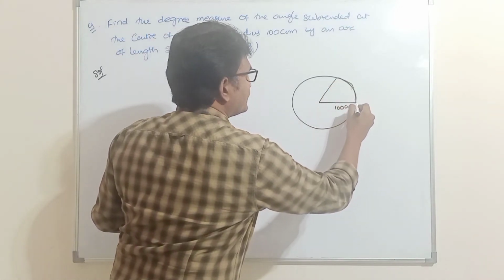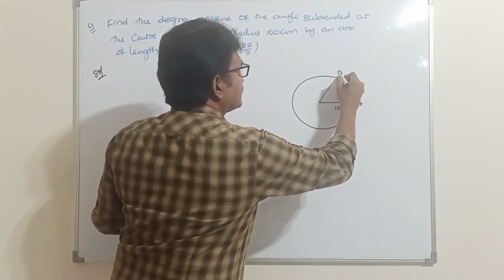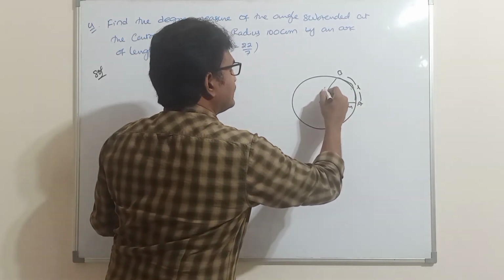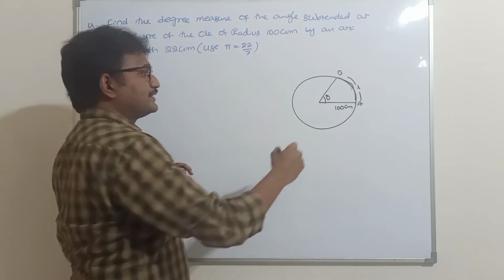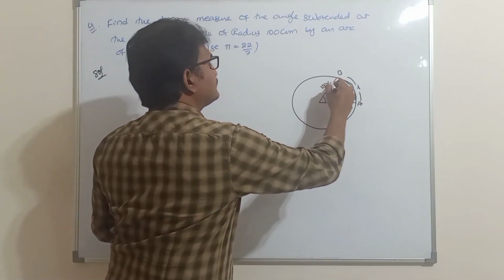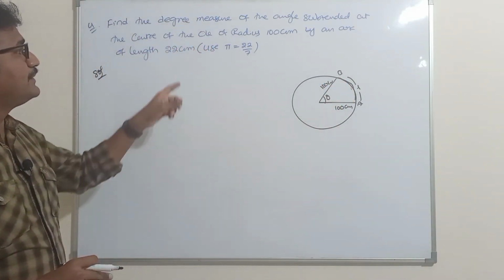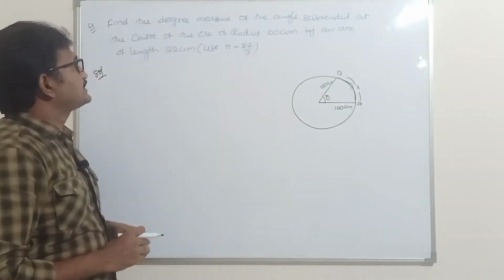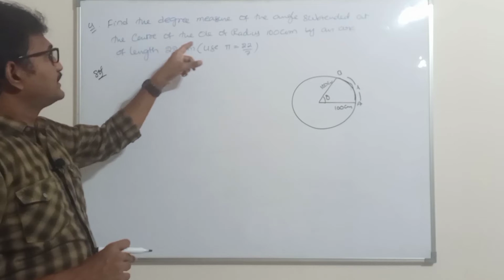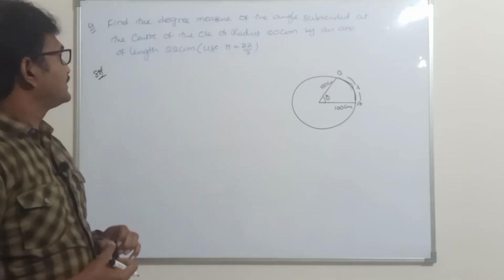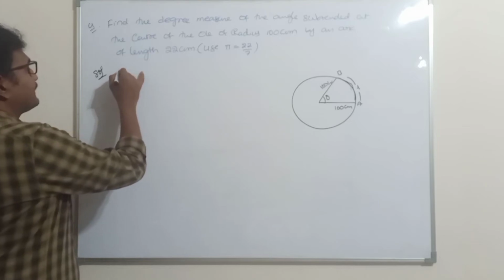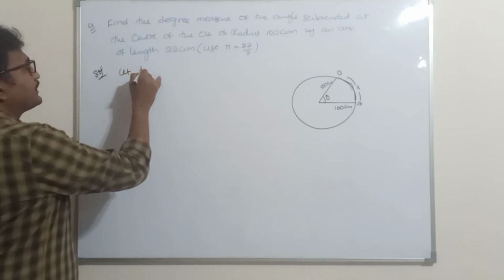So let AB be the arc, let its length be L. Theta is the angle, and the radius is given as 100 centimeters. So find the degree measure of the angle subtended at the center. That means the theta value at the center of the circle when the radius is 100 centimeters and the arc length is 22 centimeters.